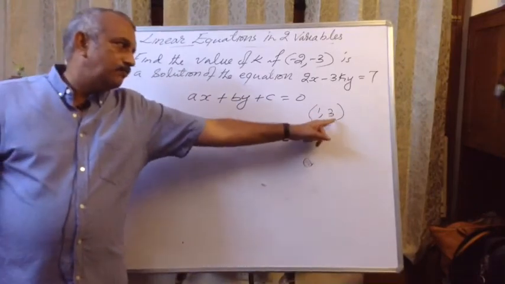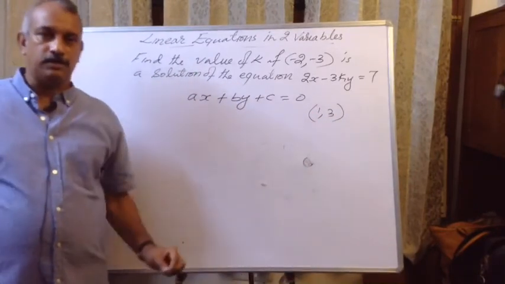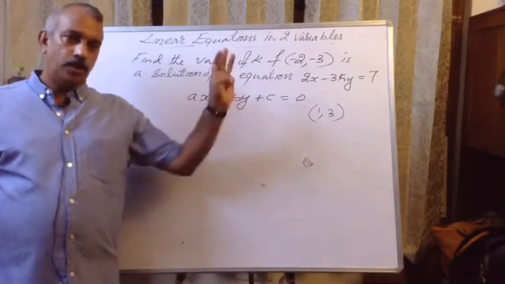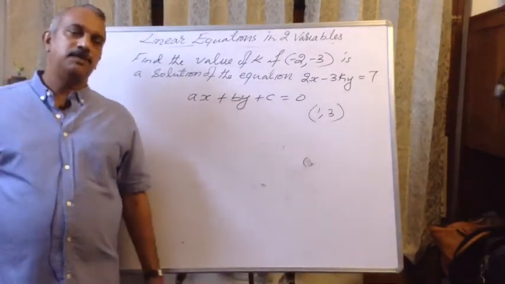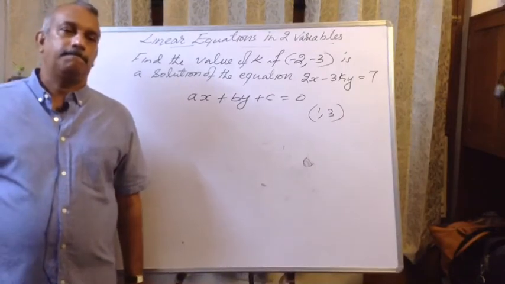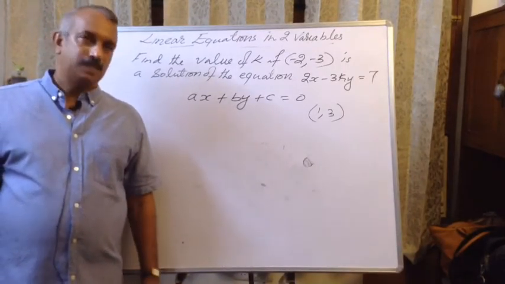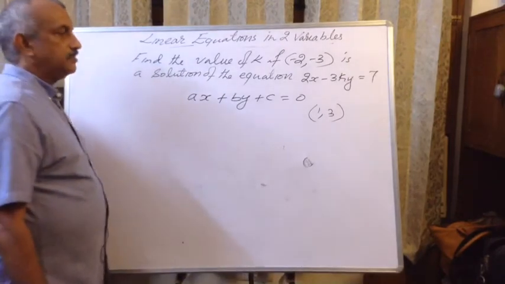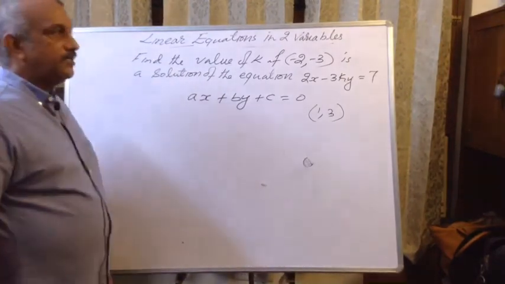X is equal to 1, y is equal to 3. Plot that point. Similarly, the other solutions also plot. Then join. Always the graph will be a straight line. If the graph is not a straight line, that means your calculation is wrong. Like this, you can find the solution.